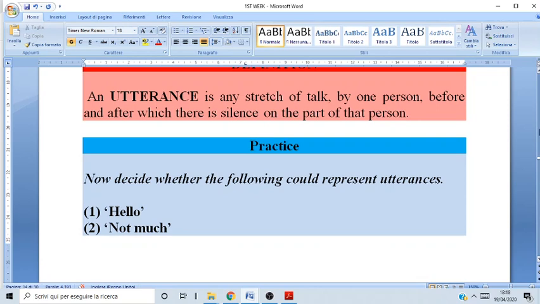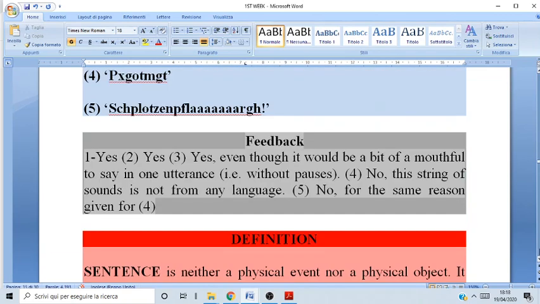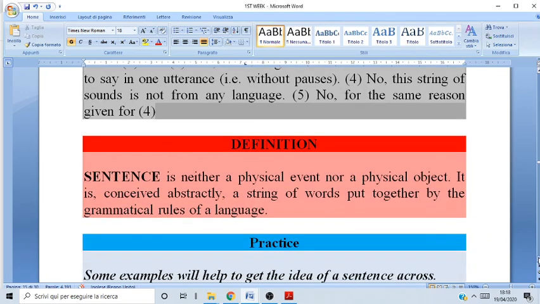Okay, so the act of talking in a meaningful language, a stretch of talk actually, that is followed and preceded by a silence. And that is an utterance.